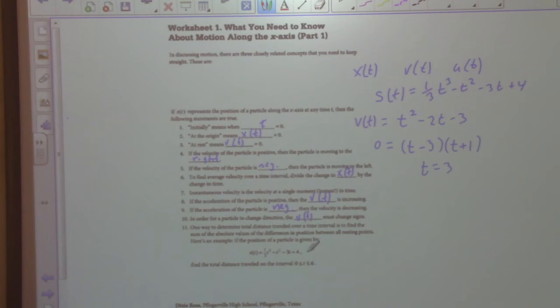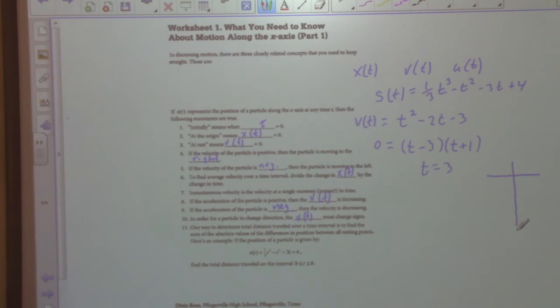And then it says find the total distance traveled on this interval, between 0 and 6. This is where you set up a table for evaluation purposes, and we're interested in total distance traveled.